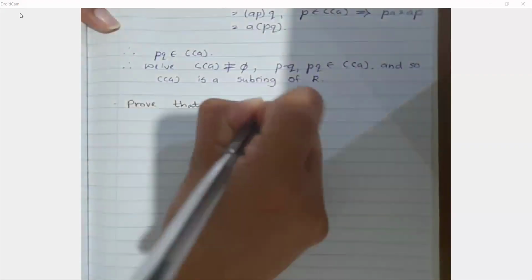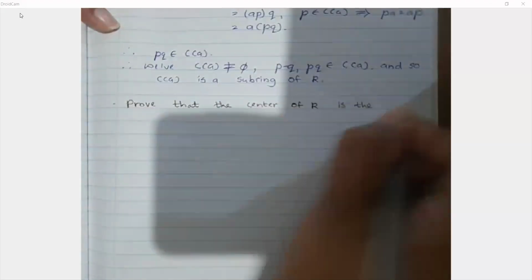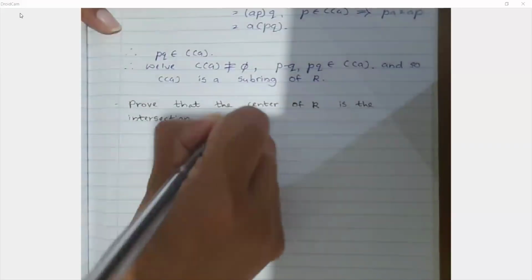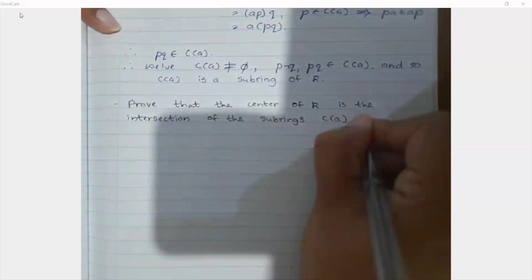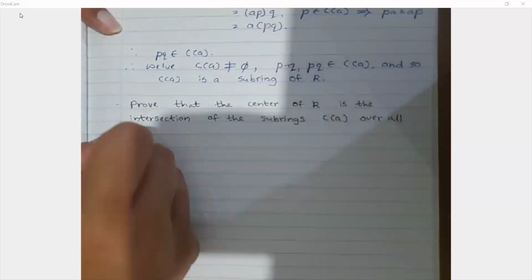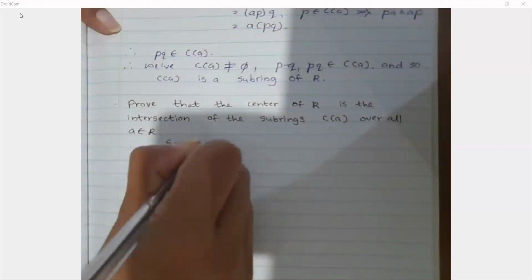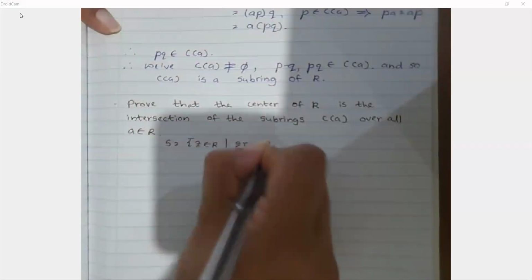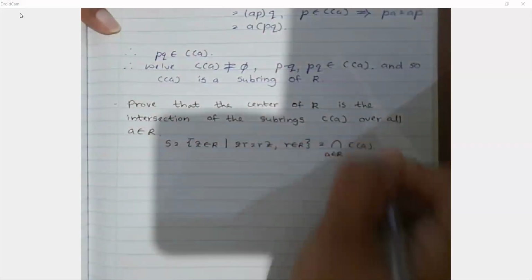Let me write, prove that the center of R is the intersection of the subrings C of A over all A in R. In other words, we have to show that S, which contains Z in R that commute with every element in R, is equal to the intersection of all these C of A's.